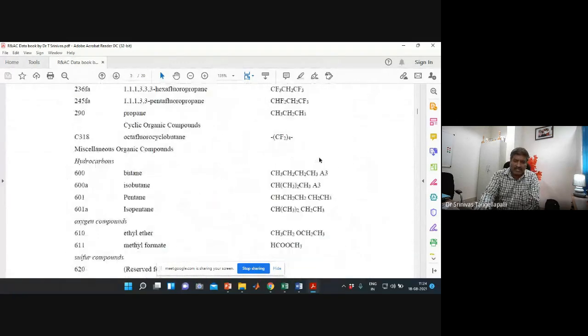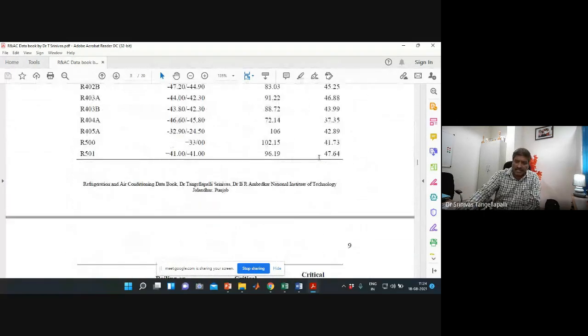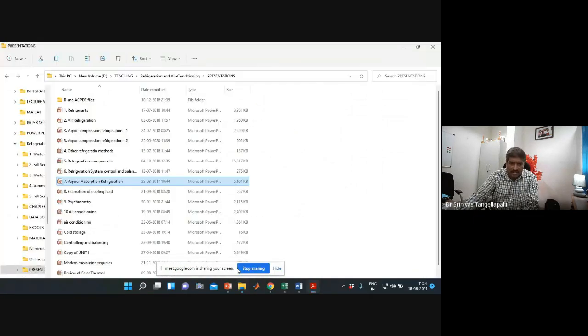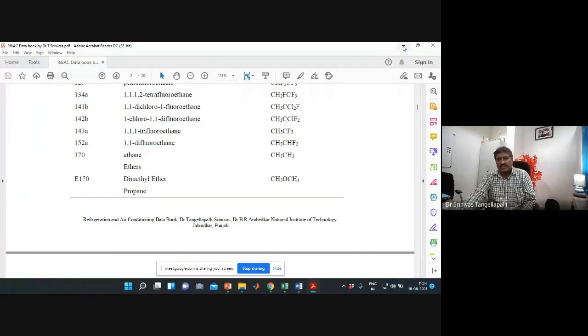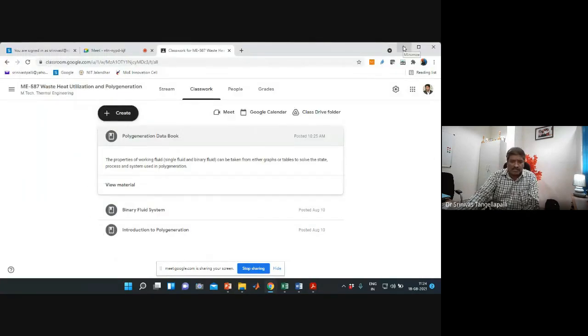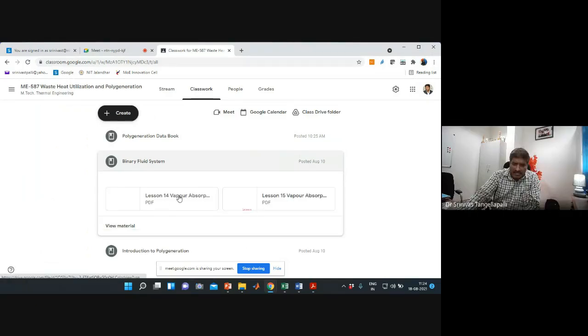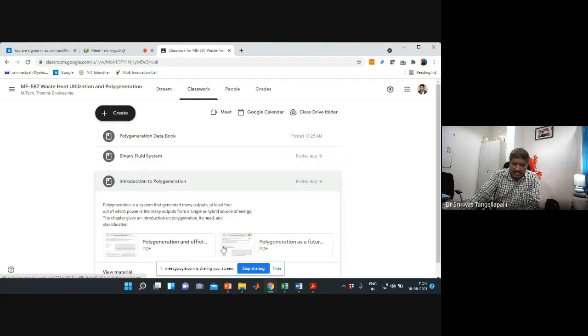The binary fluid tables I have to include here because I made a separate file for binary fluid system. I will add that one also. Some of the chapters here, IIT Kharagpur chapters, you can download and prepare these lessons. Some journal papers of this polygeneration introduction.